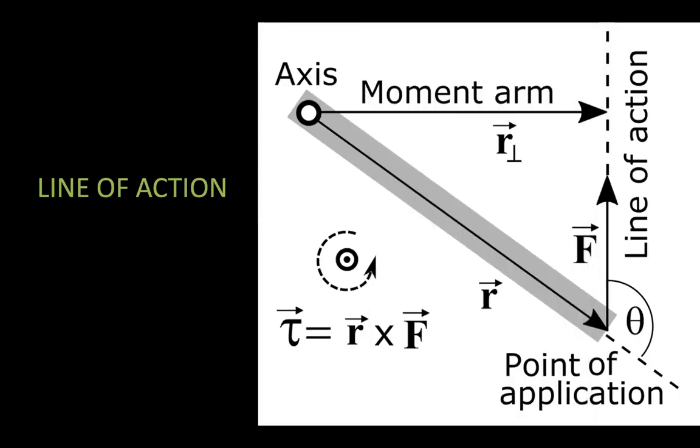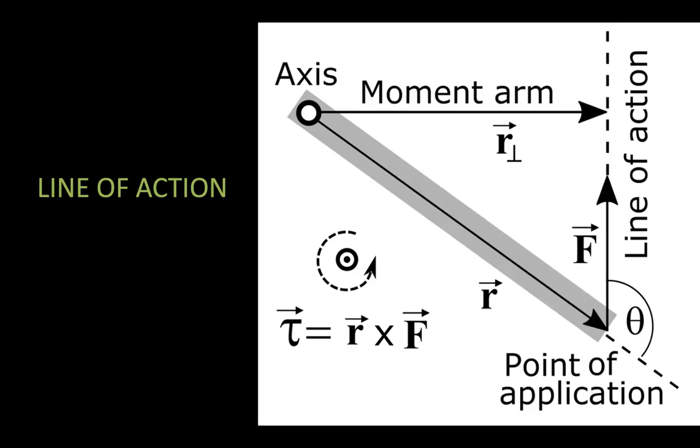Let's talk a little bit about the line of action, what that specifically means. Here's a diagram. When you have an R length and a point of application, we apply the force at that point of application, and the force has a line of action connected to the moment arm. So torque is another name for a moment.